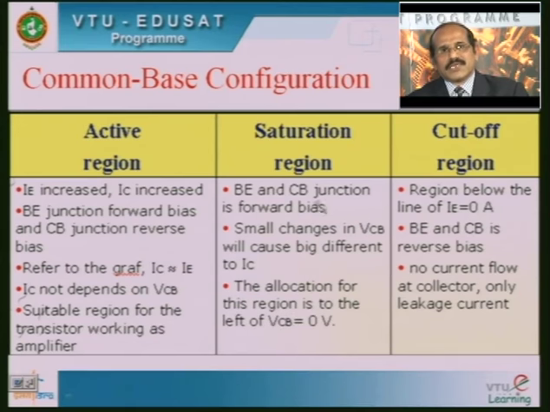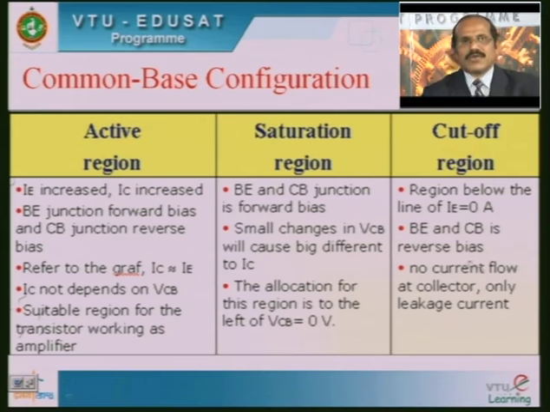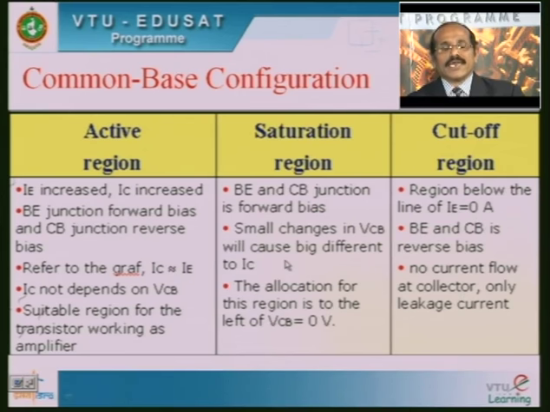That is called the saturation region, whereas the cutoff region is the region below the current graph of IC equal to 0. In this case both input and output junctions are reverse biased, and no current flows when the device is in the cutoff region, or maybe only a leakage current in the range of microamperes.